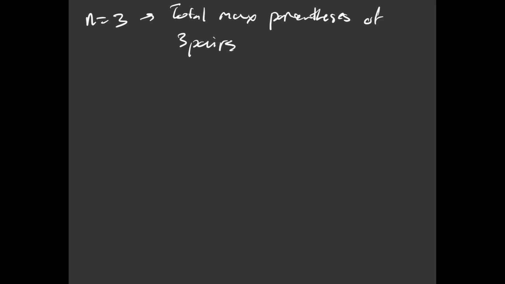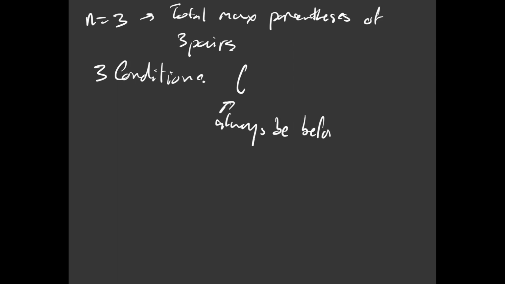So obviously there must be three conditions that need to follow these rules in order for this parenthesis to work. The left parenthesis has to always be before the right parenthesis, right? So that's rule number one, right?